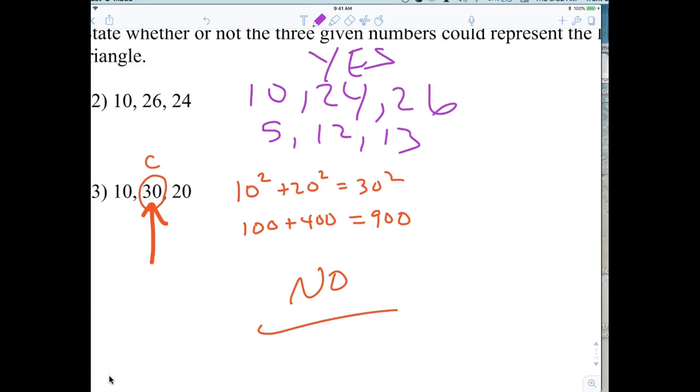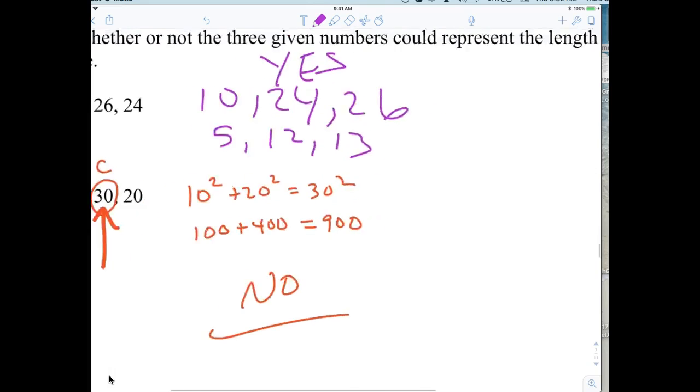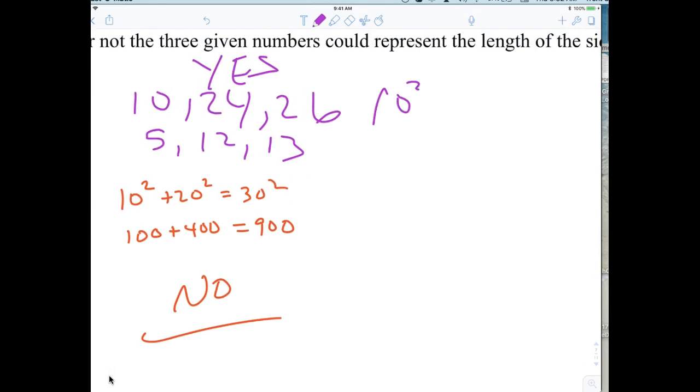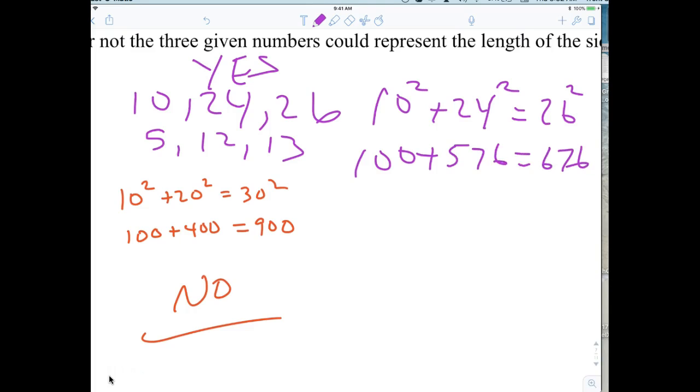So it's yes. But if you're not good at memorizing, or you don't care about those sets of numbers that I gave you, you would just do 10 squared plus 24 squared equals 26 squared. 100 plus 576 equals 676. 676 equals 676. So yes, it is.